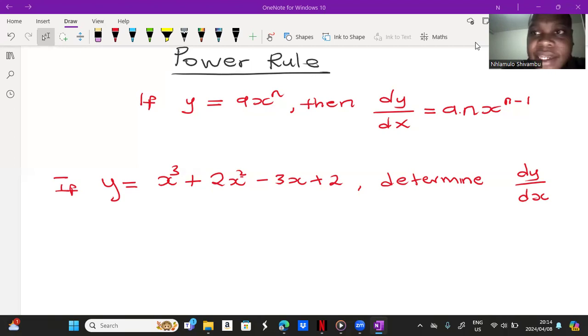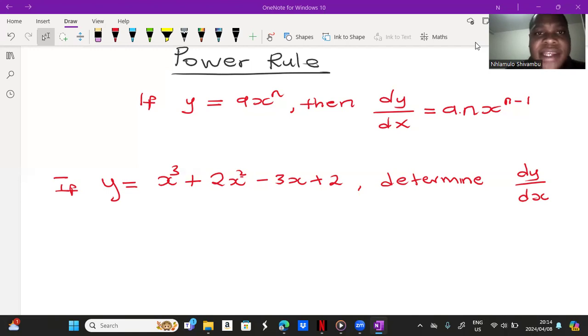Let me do one example here so that you get to see what is happening. For example, if y is equal to x cubed plus 2x to the power 2 minus 3x plus 2, determine dy over dx.